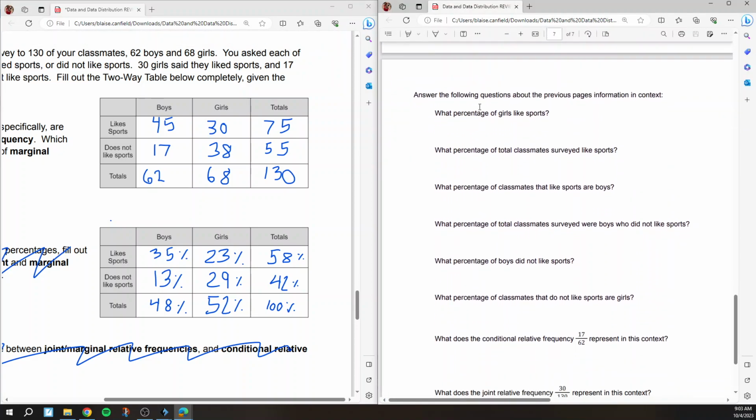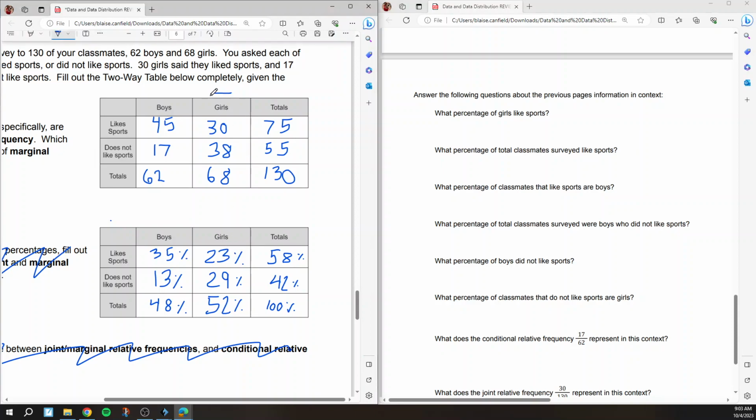So, all right, what percentage of girls like sports? So let's go look at girls. Here's girls, and there are 68 girls total. So how many of them like sports? 30. So that's not 23%. We're just focusing on girls. So we would do 30 out of 68 here.